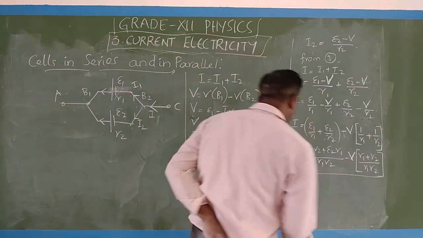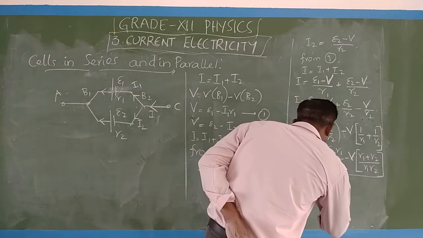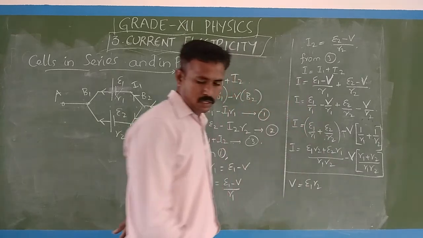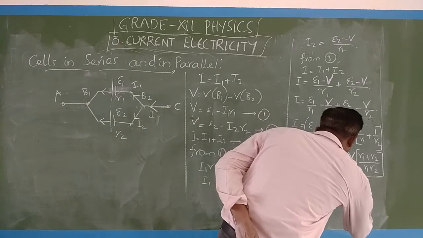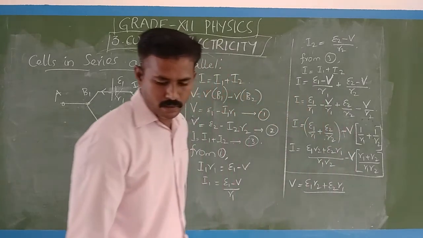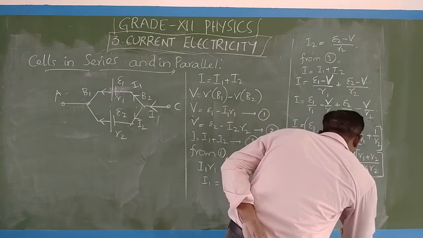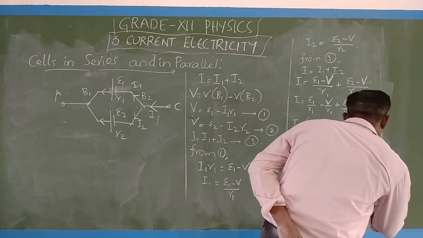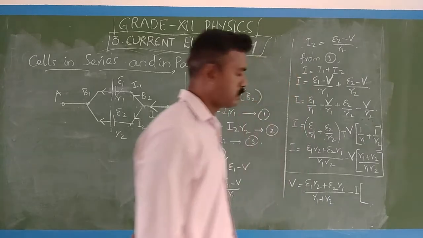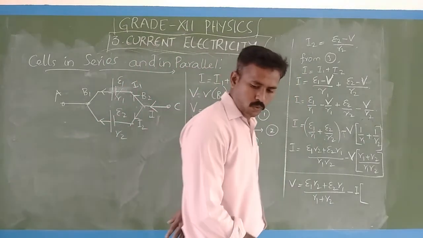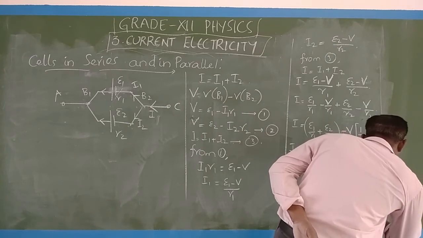So voltage is, how to relate this? Voltage is E1 R2 plus E2 R1 divided by R1 plus R2, minus I into R1 R2 by R1 plus R2.